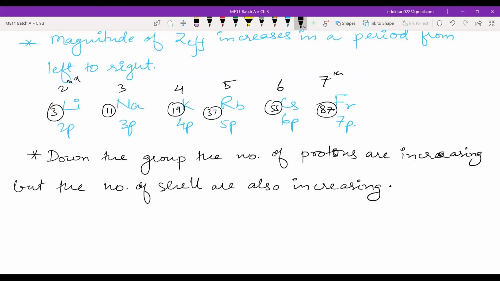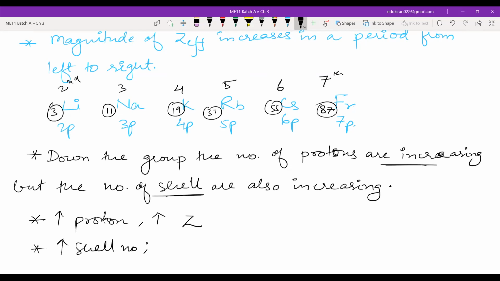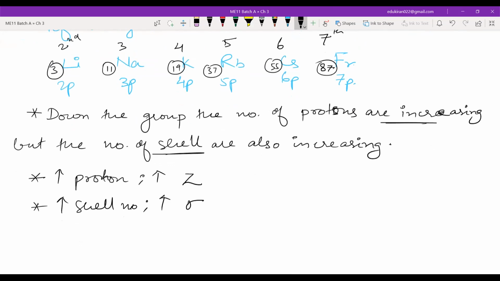So both of them, the increase in protons and the increasing shell number. An increase in protons increases the Z. An increase in shell number will increase the sigma, that is the screening effect.